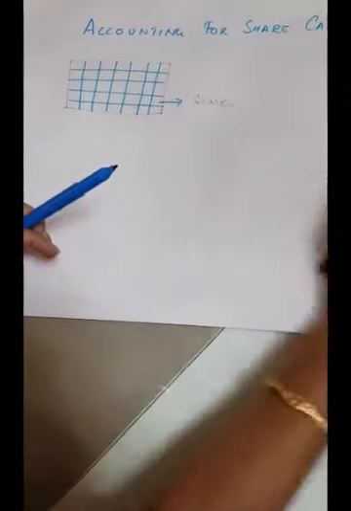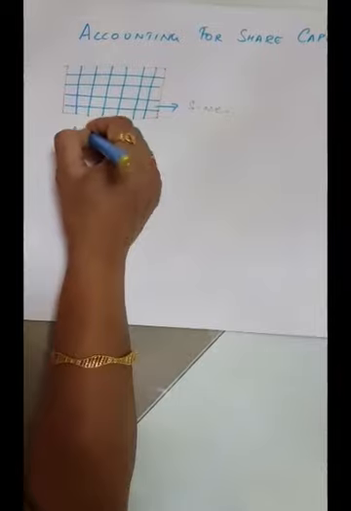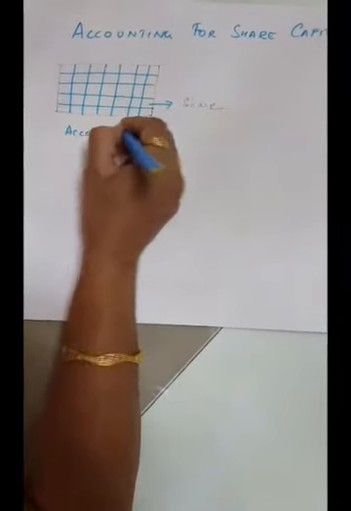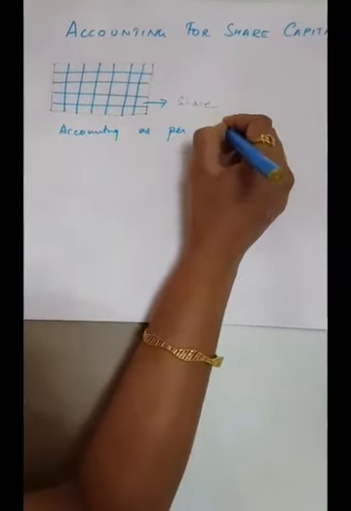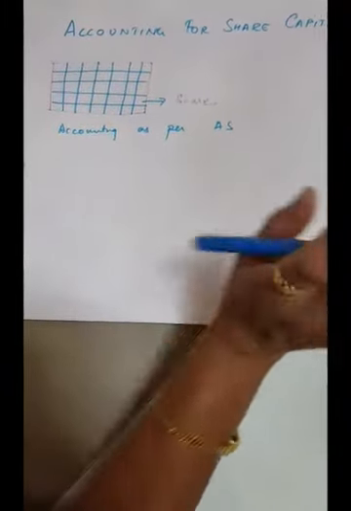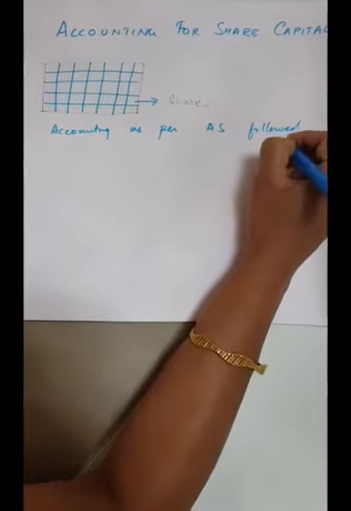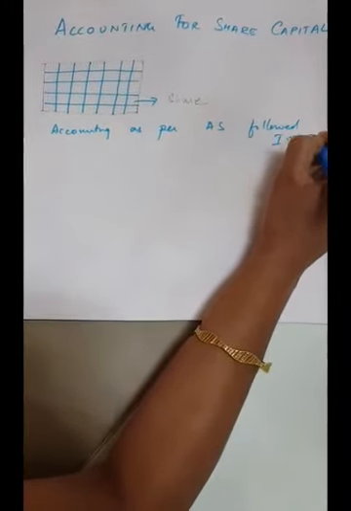Now when we are talking about shares, we need to do the accounting in the books as per the AS standards, that is the accounting standards of India, followed by the Institute of Chartered Accountants of India.